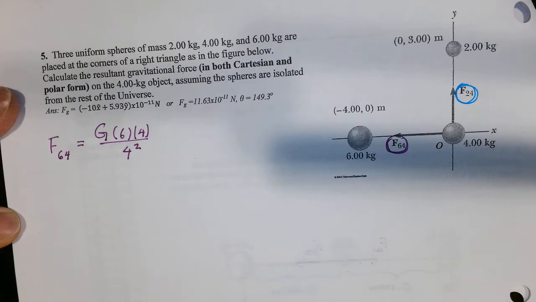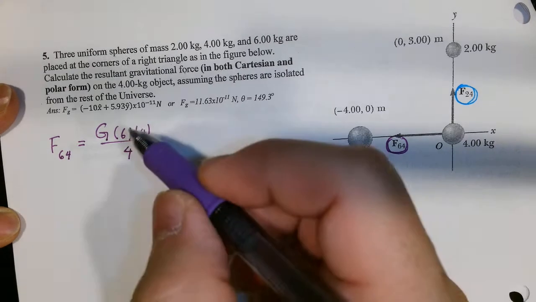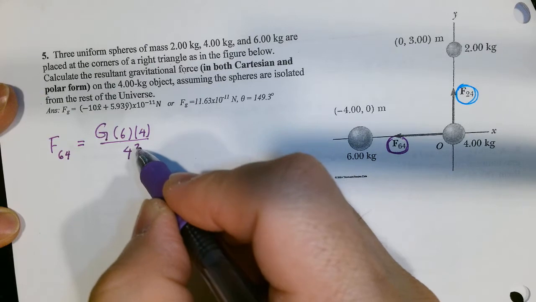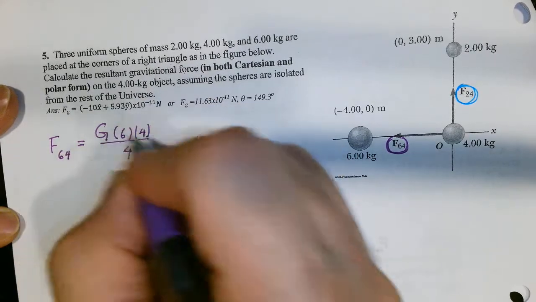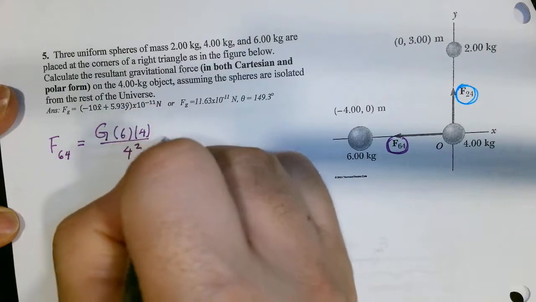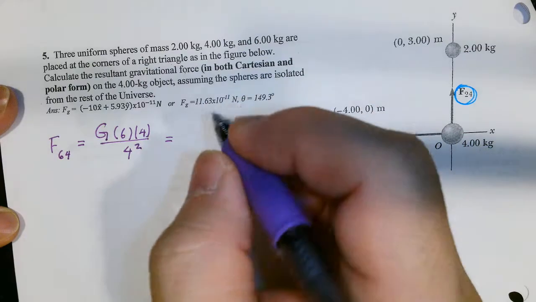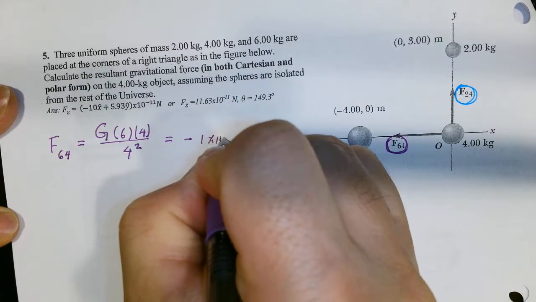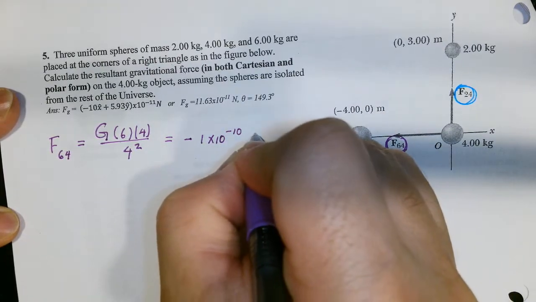Therefore, one of the 4's can cancel out, and then you have 6 over 4 here, and you multiply that by G, and that comes out to, it looks like negative 1 times 10 to the negative 10th x hat.